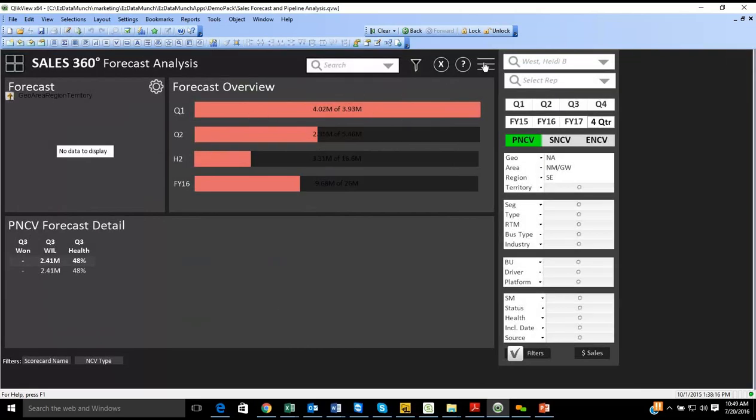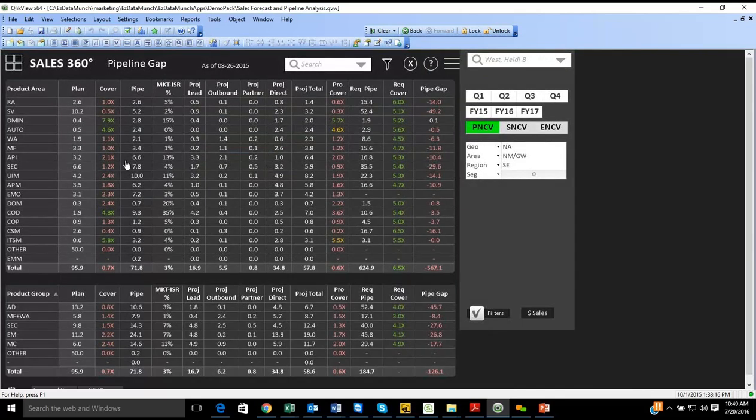So now let's look at the pipeline gap of this person. As you can see here, this person has many product areas in the opportunity pipeline. The cover requirement for this person is here. The required cover, as you can see in the green, is what the person is supposed to maintain in terms of opportunity pipeline based on the targets that are given to her. Now let's say I want to look at my FY16 Q2.